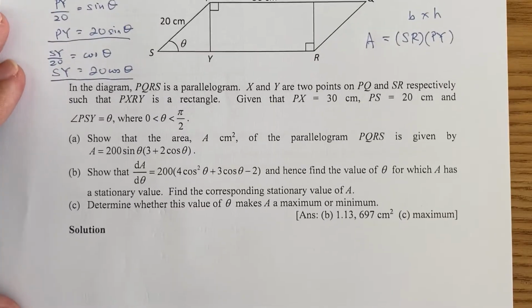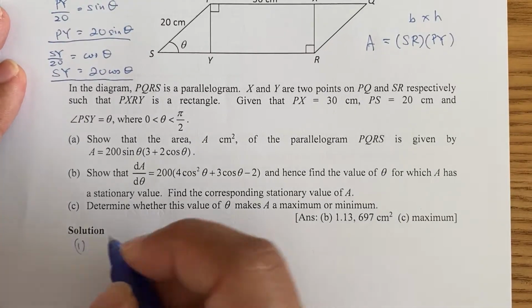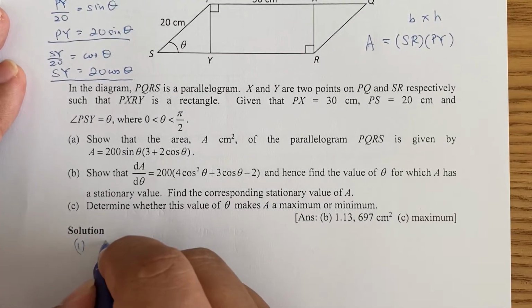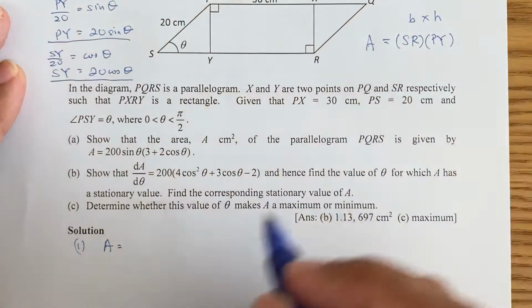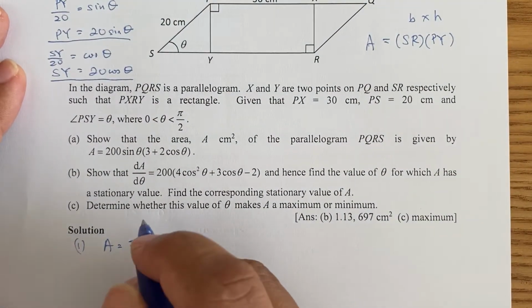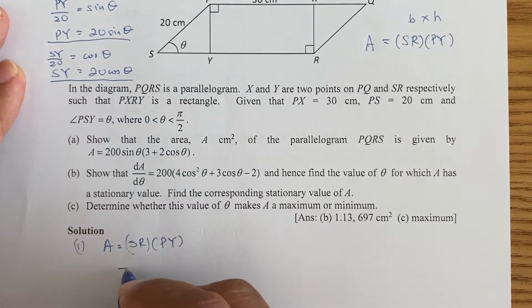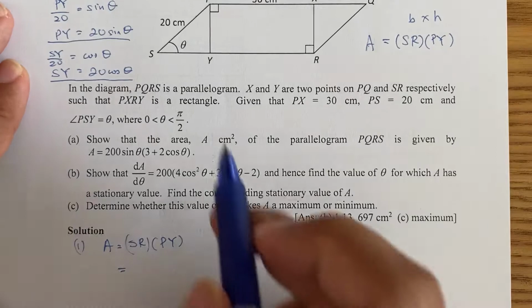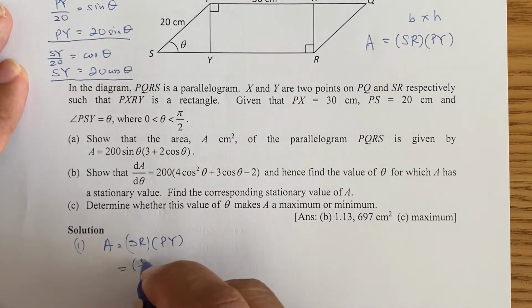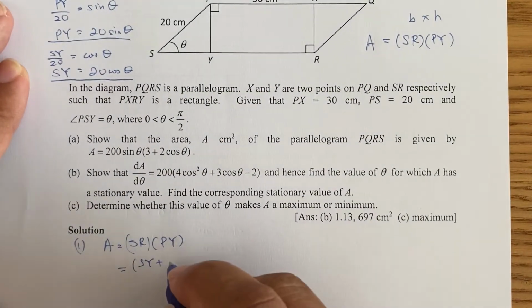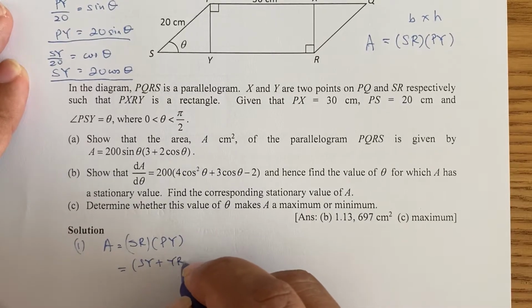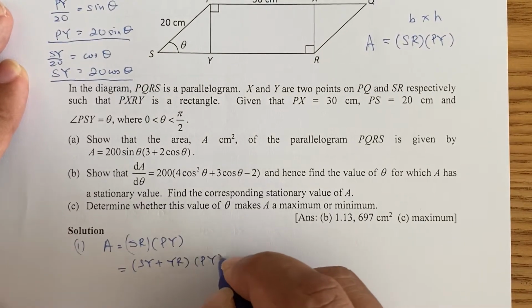To find the area, this is quite simple. You know that it has to be SR times PY. Now SR is equal to SY plus YR, and then times PY.